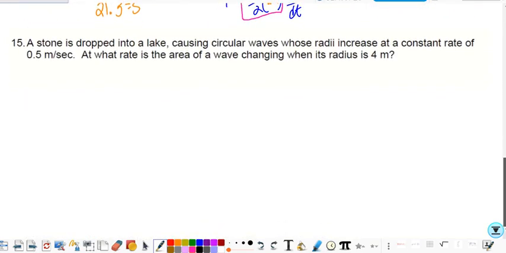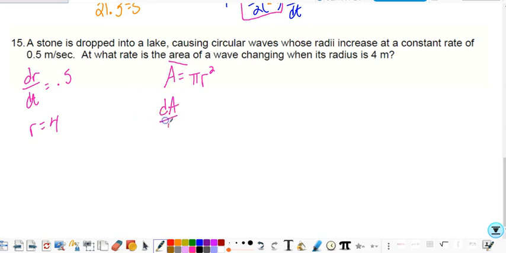All right, and number 15, a stone is dropped into a lake, causing circular waves with a radius that is increasing at a rate of 0.5 meters per second. So the rate of the radius is 0.5. At what rate is the area? So area of a circle is pi r squared when the radius is 4.